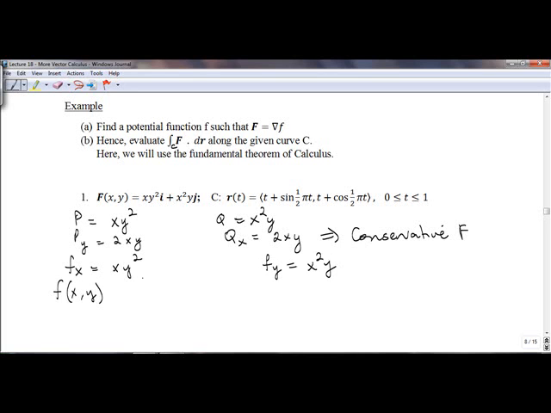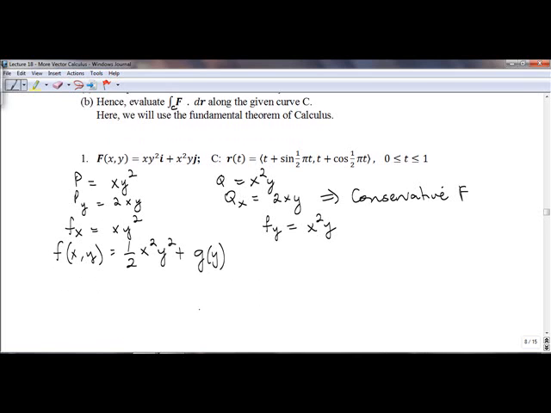So if you integrate x there, you're going to get a half x squared y squared, but you need to add g of y. Partially differentiate with respect to y. So f y is x squared y plus g prime of y.